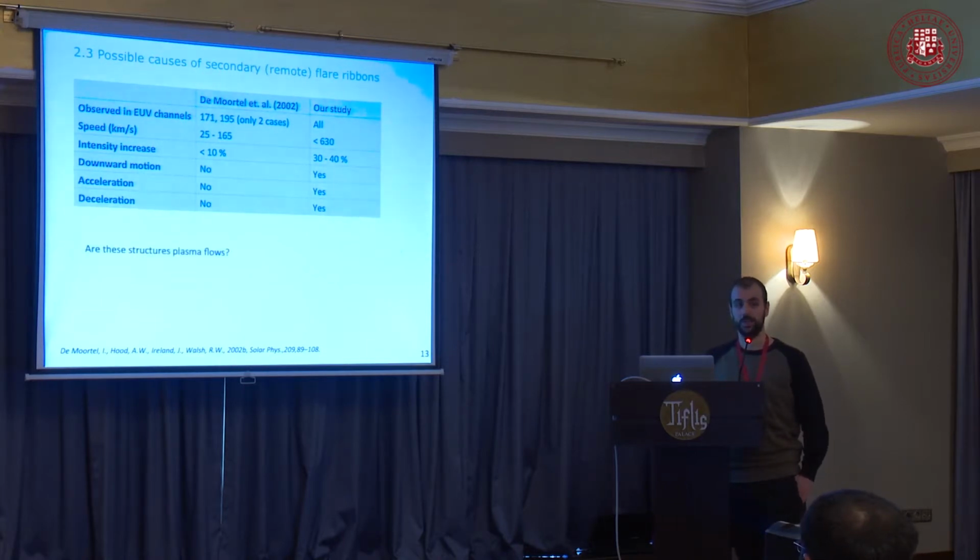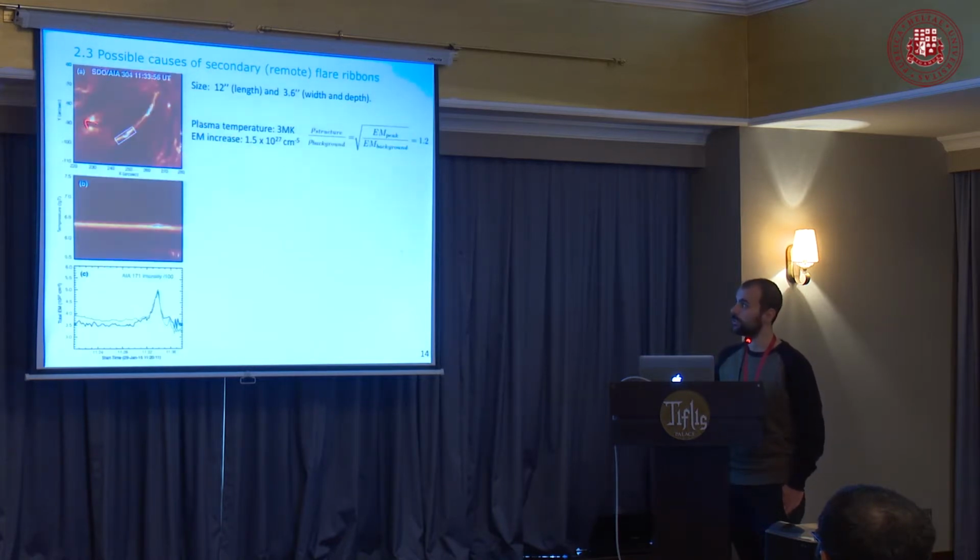So, are they plasma flows? If they're plasma flows, we can calculate the thermal peak energy at the location of, let's say, R3, and compare it to the kinetic energy of the supposed plasma flows. So we did it for this plasma structure, which was the fastest one and the most prominent one.